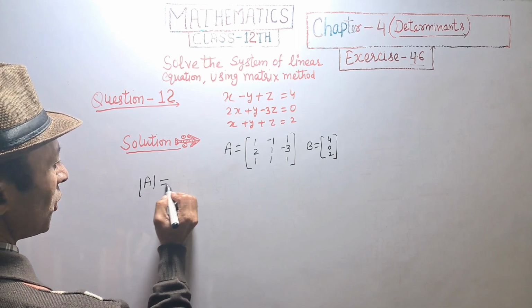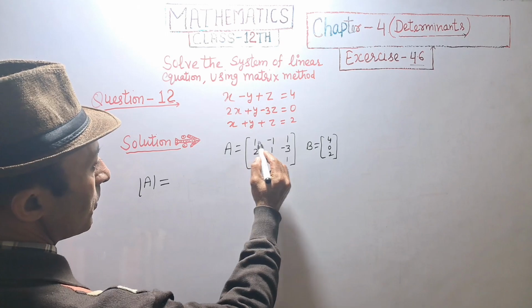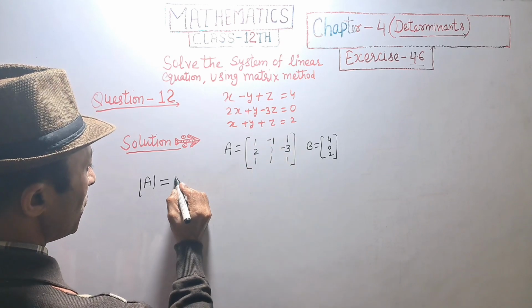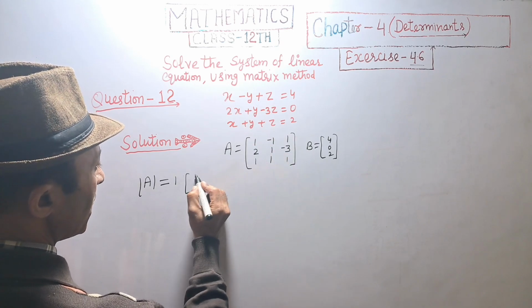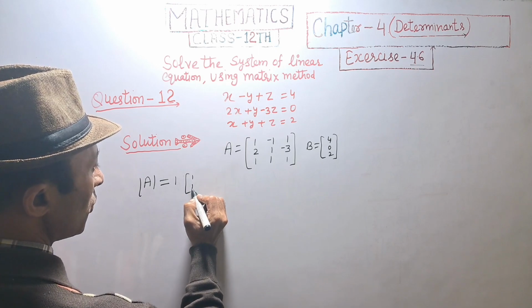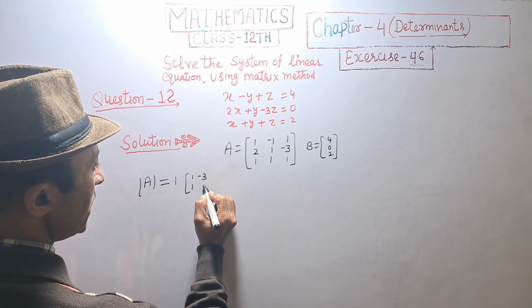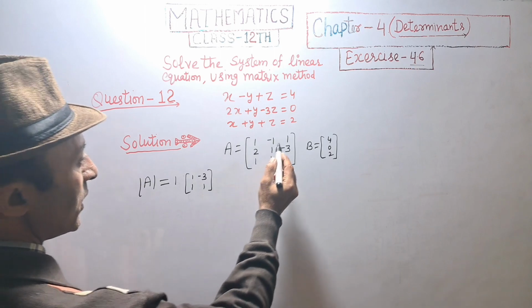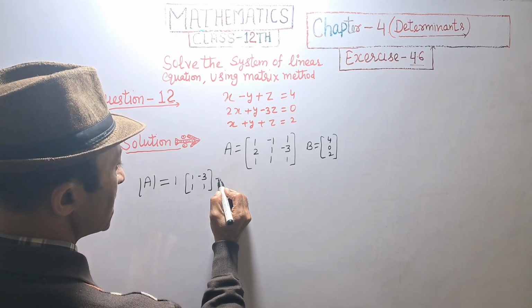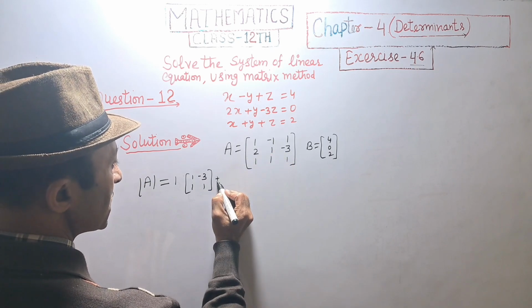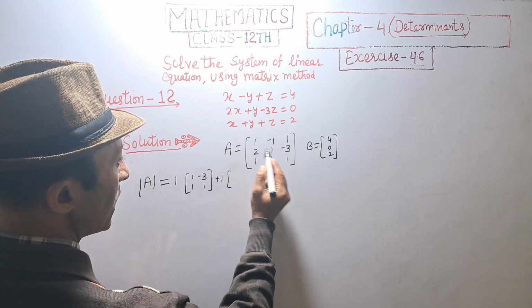First, the determinant of A. First row, first column, taking 1, and the minor 1, 1, -3, 1. And the second term, that is minus, and minus is equal to plus 1.